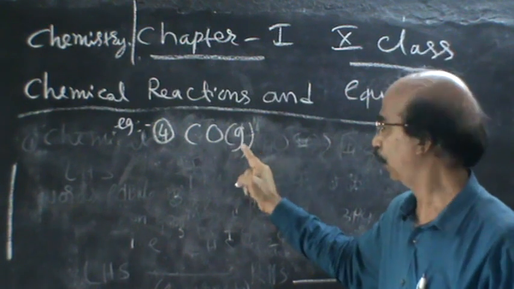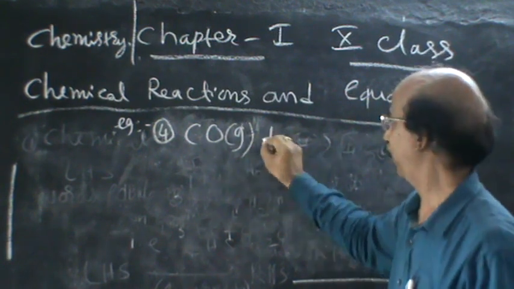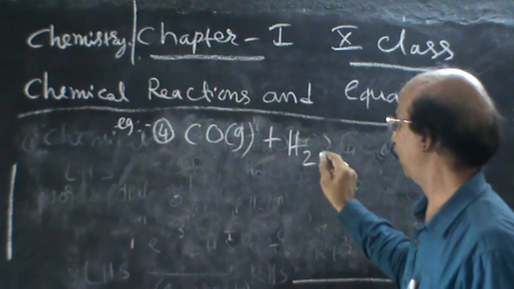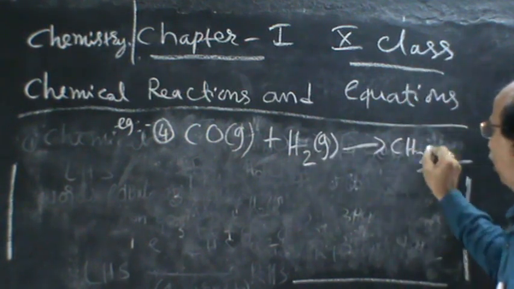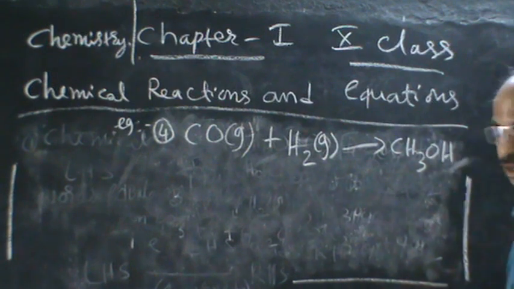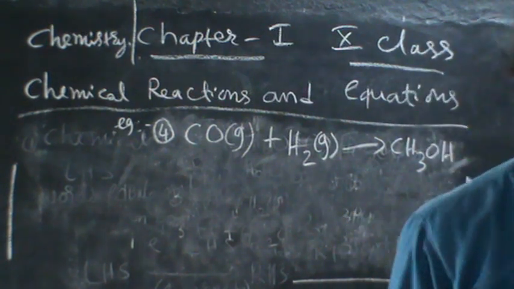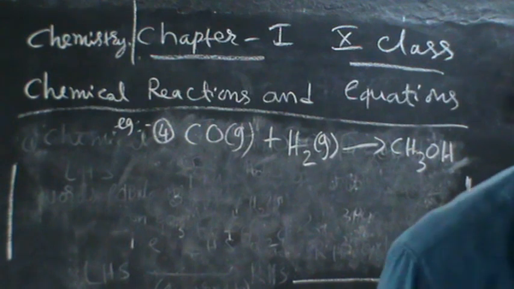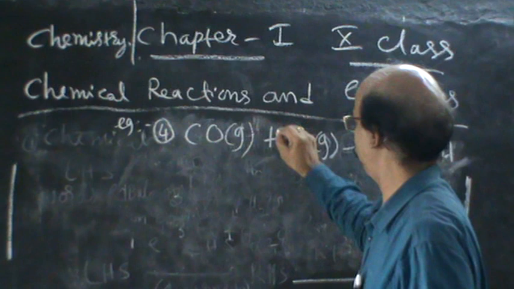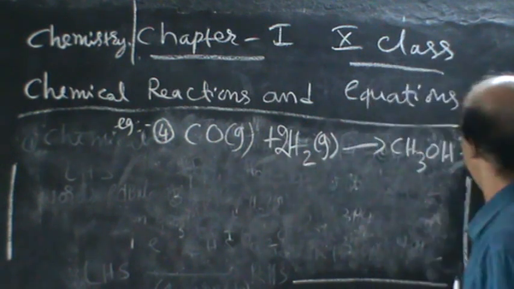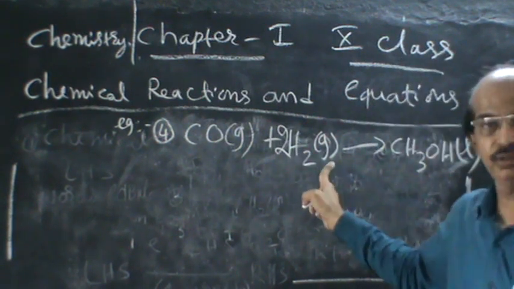G for gas, L for liquid, S for solid. H2: what is it? Gas. CH3OH, methyl alcohol: you must mention whether it is liquid. Generally alcohol means liquid only. Liquid means L, gas means G.